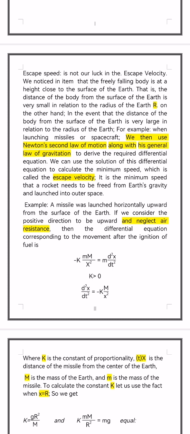So d square x divided by dt square equals minus k M over x square, where k is the constant of proportionality.